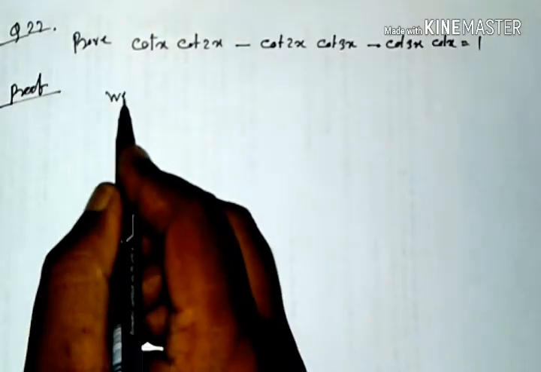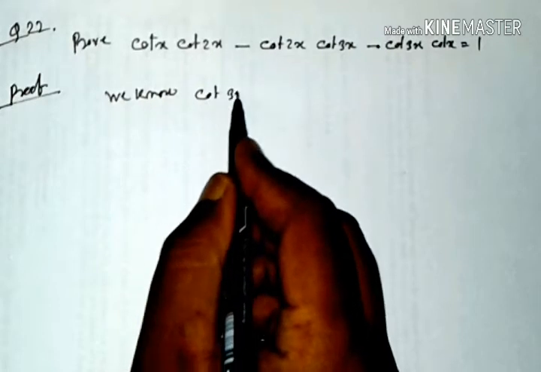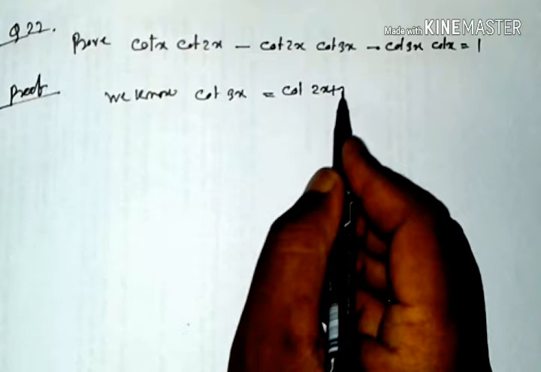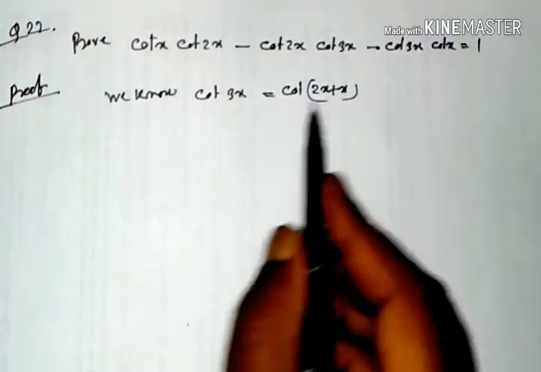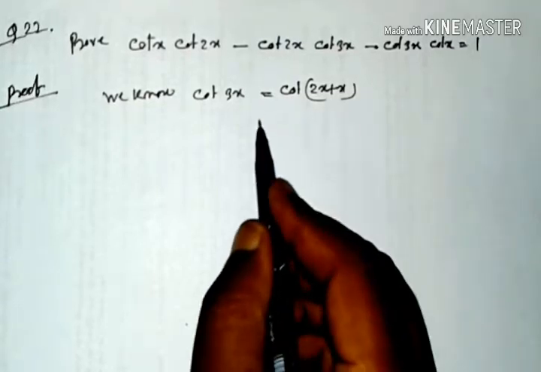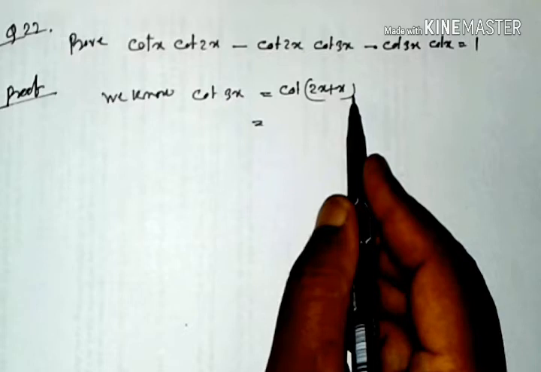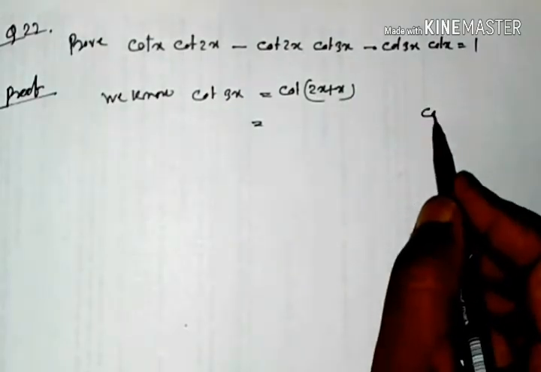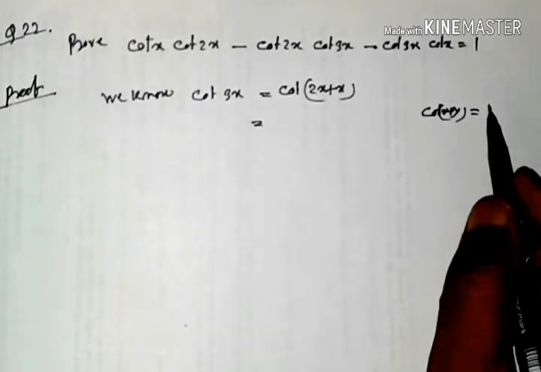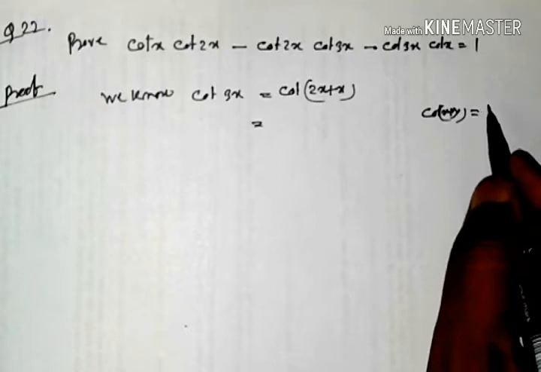We know cot 3x is cot (2x plus x). Now we apply the formula for cot (x plus y), which I have already discussed in the last classes.